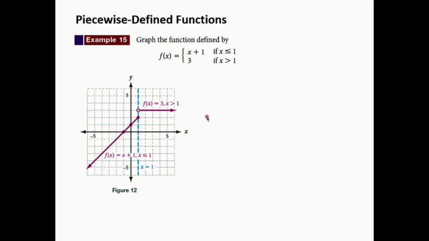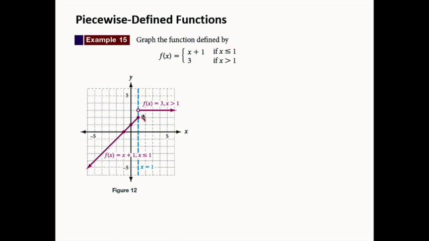To point out something important, when you're trying to determine if it's a function by using the vertical line test, if you have pieces of that function that overlap, that's where you might have a concern. And if that vertical line goes through it in more than one place, then it fails to be a function.